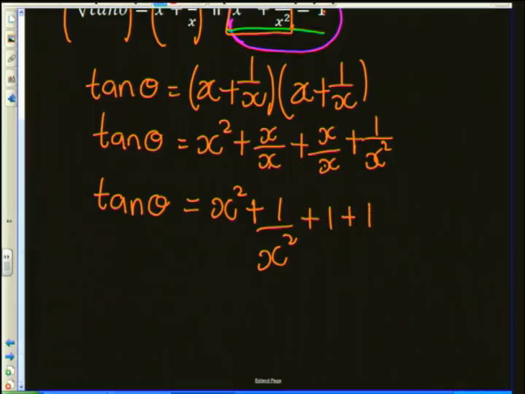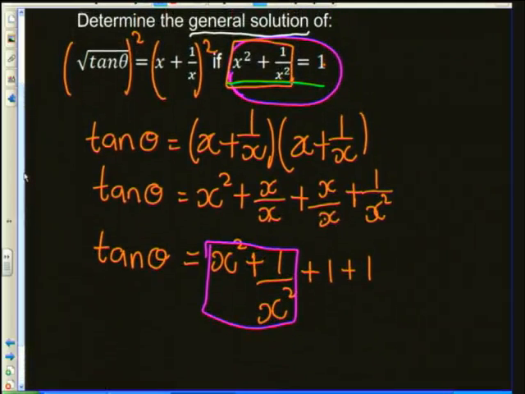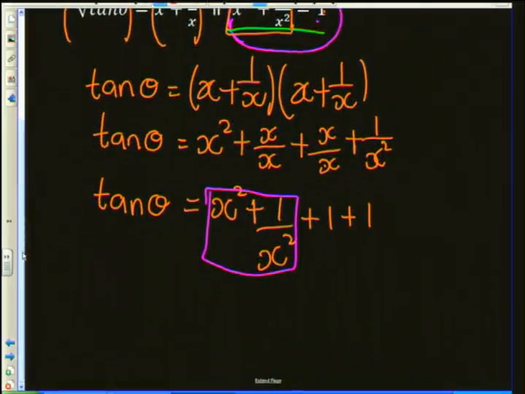All right, and what do we have here? We've got x squared plus 1 over x squared, which is what I've got in the orange box there. So I know that this stuff in purple is actually equal to 1, so I can replace it with 1. Right, so let's go back to that color. Tan theta is actually equal to 1 plus 1 plus 1.